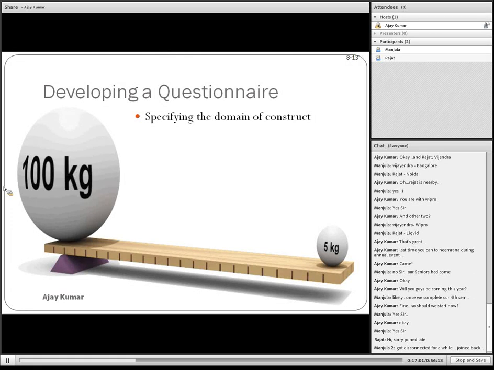So defining or specifying a domain would mean to have a big sphere which has everything associated with the construct. So if the construct here is attitude, then we will try to have a sphere which encompasses everything which, this way or that way, directly or indirectly, is related to attitude. All right. So we would first of all define this.